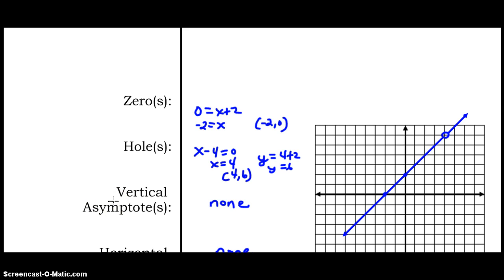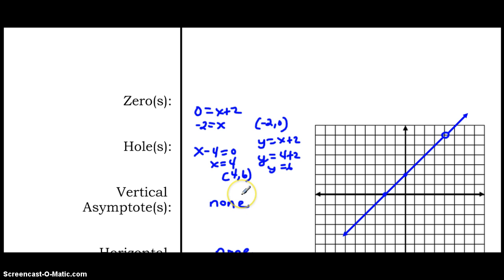When we solve for x, we get 4. Then we plug into the simplified function. So y equals x plus 2 is our simplified function. So that would be y equals 6. So our point for our hole is 4, 6.